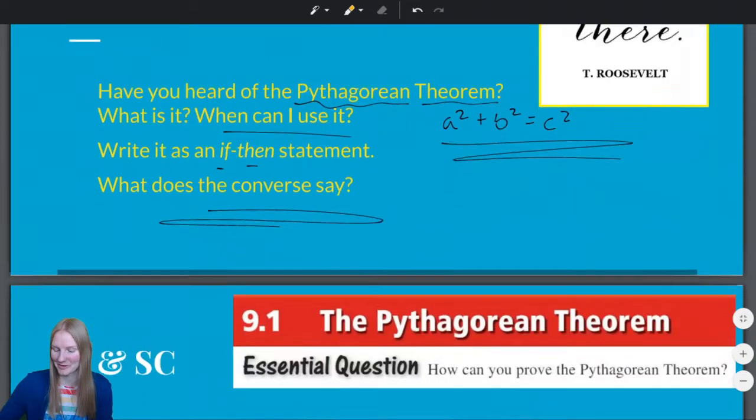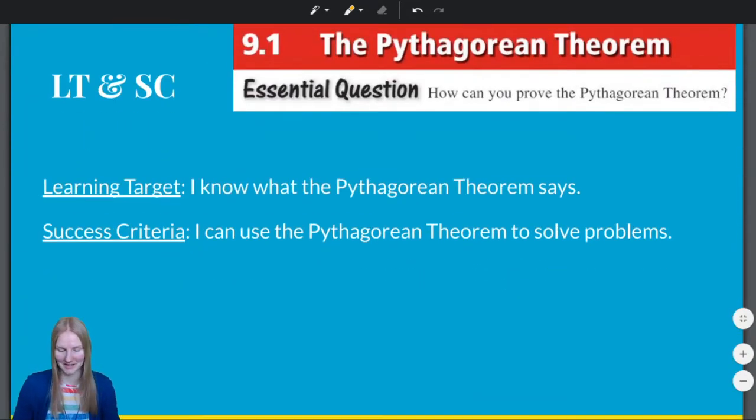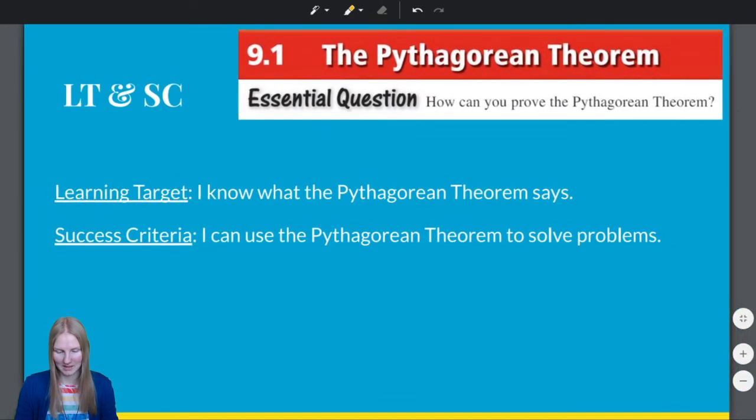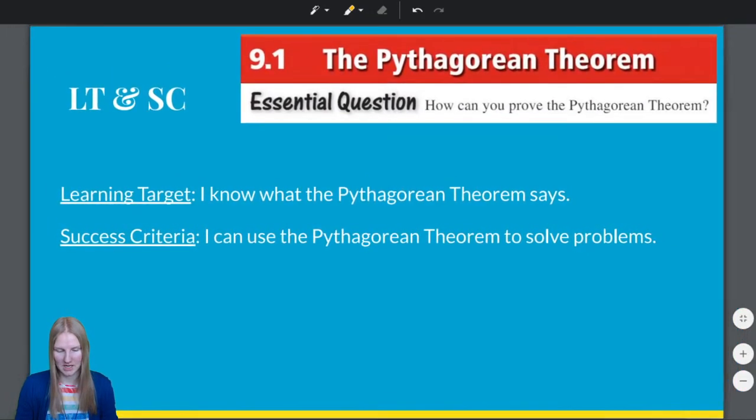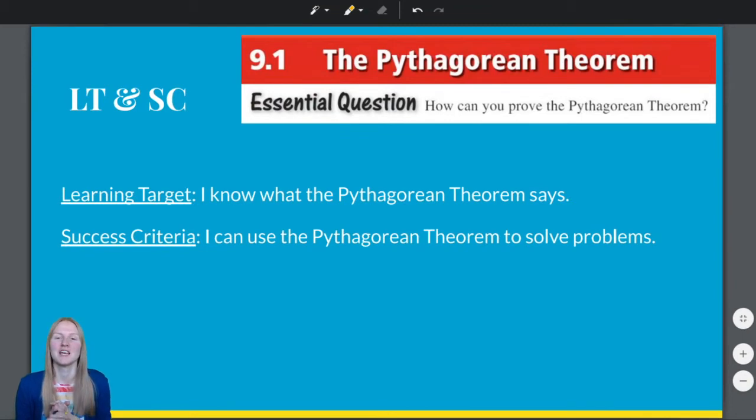So, without further ado, let's get into Chapter 9, first section 9.1. And it is about the Pythagorean Theorem. So, our learning target today is, you know what the Pythagorean Theorem says. What is the Pythagorean Theorem? When can you use it?